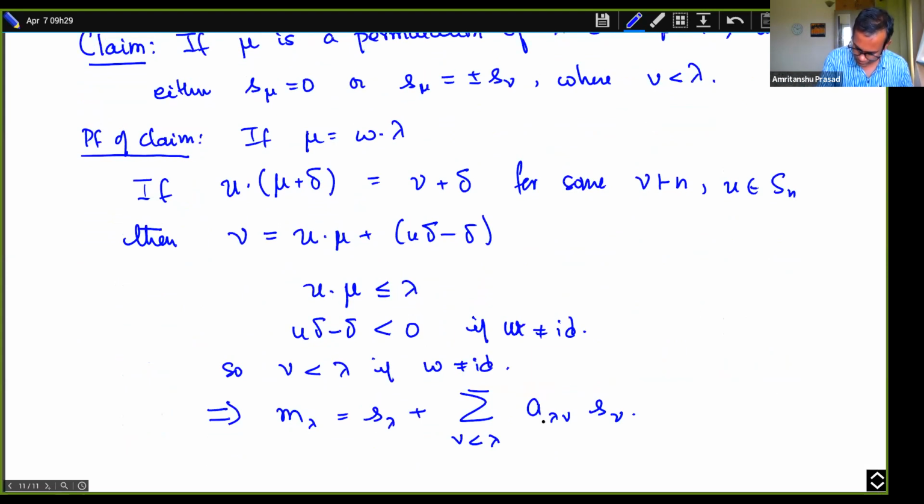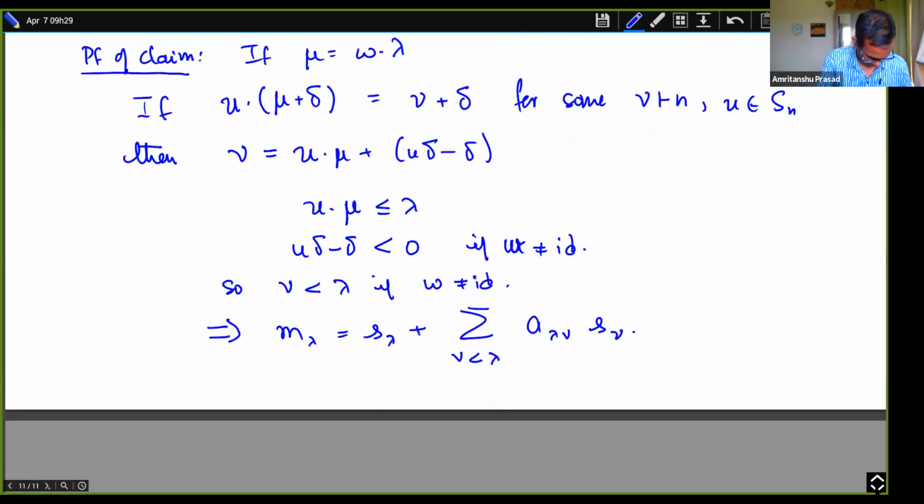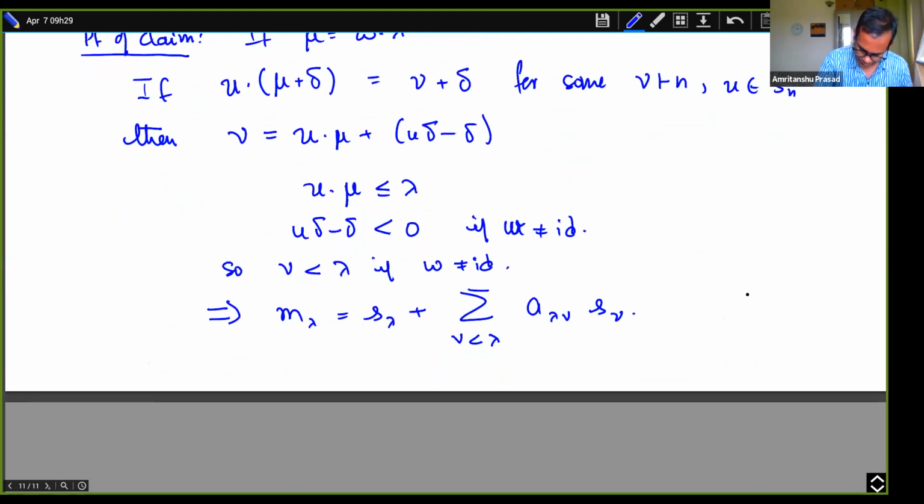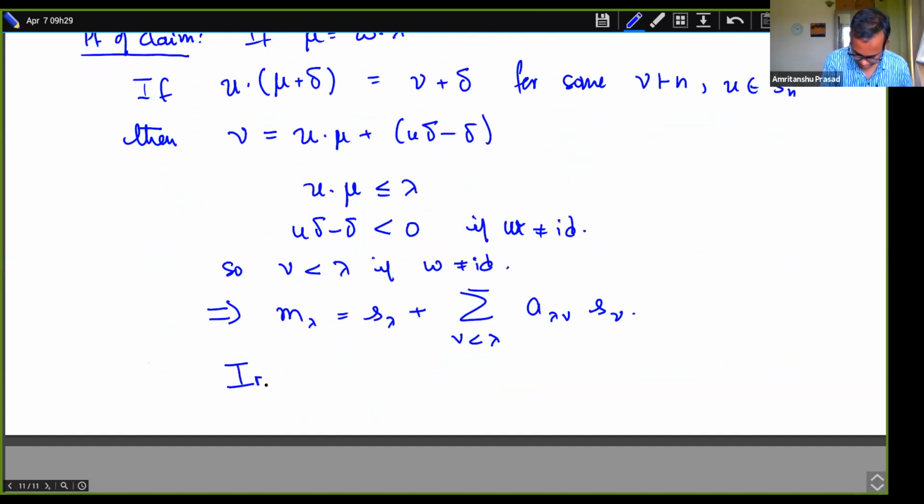So inverting this gives, this is again a triangular relationship with ones along the diagonal. That gives the statement of the theorem.